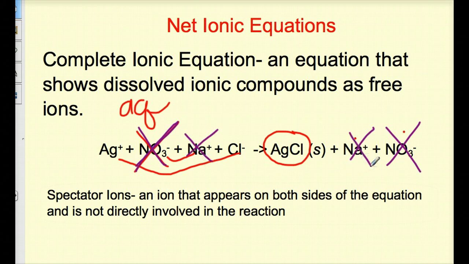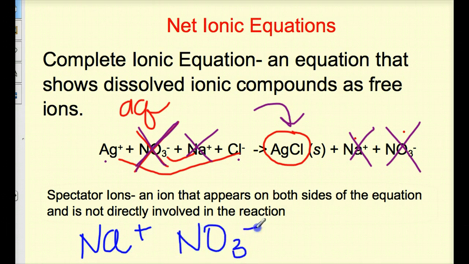However, I am not allowed to cancel this Ag+, nor the Cl-, because on the product side I actually had a solid form. So we label our spectator ions as Na+ and NO3-, since we were allowed to cross them out on the other side.